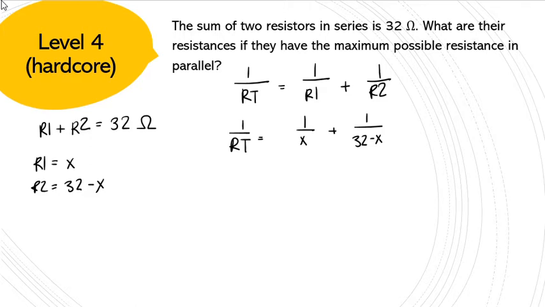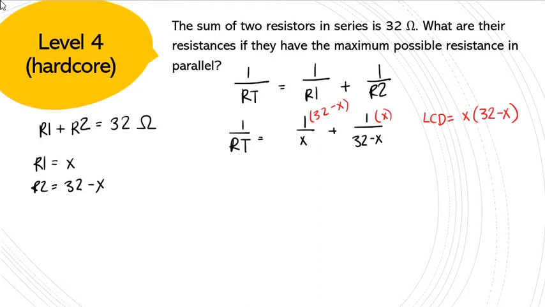So I know that looking at the two denominators, my lowest common denominator that they both go into is just the two of them multiplied together, which means that I have to multiply this by 32 minus X and the second one by X in order to make them both over that.